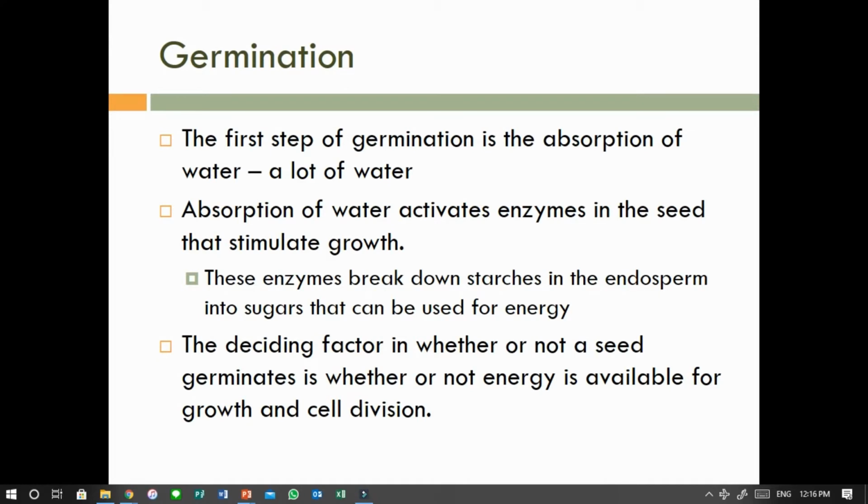Once you add water, it should force the seed to start the enzymes and it'll start the growth. And what the enzymes do is they break down the starch in the endosperm, and they use that for energy. Now, the deciding factor is whether or not it's available for growth and cell division.